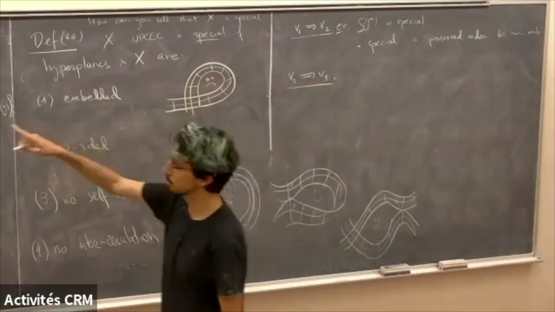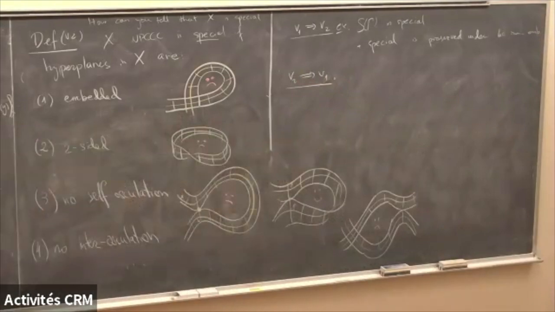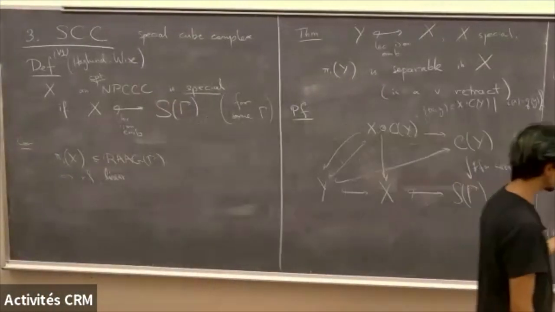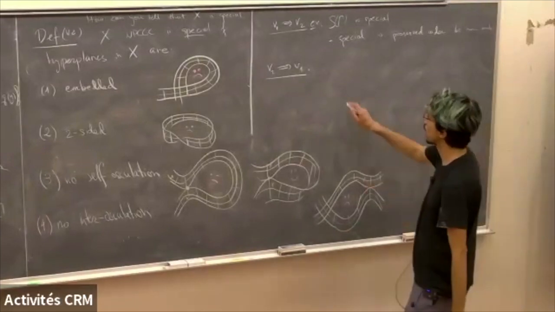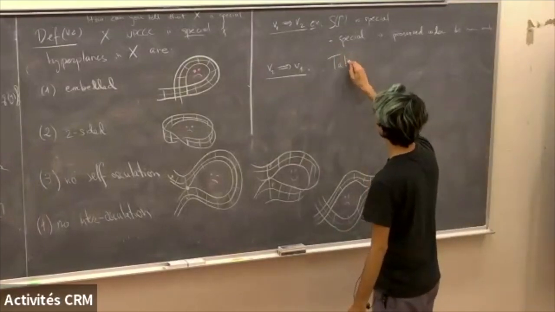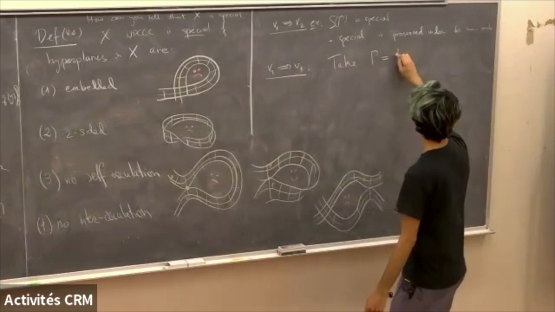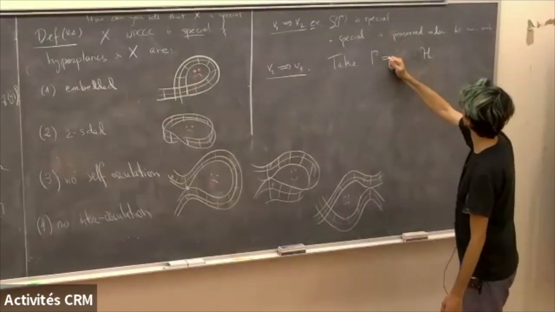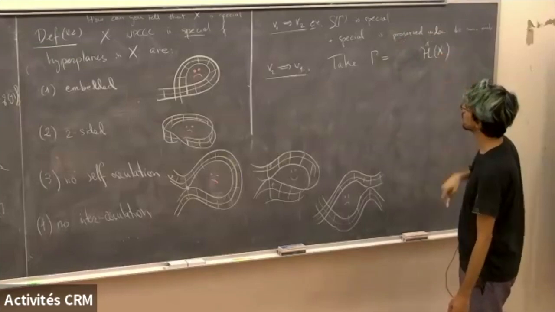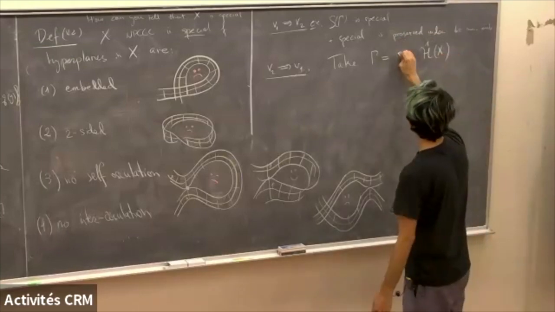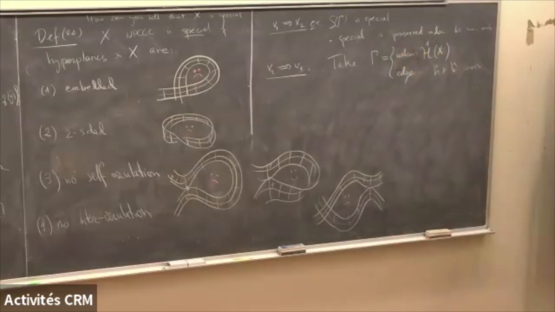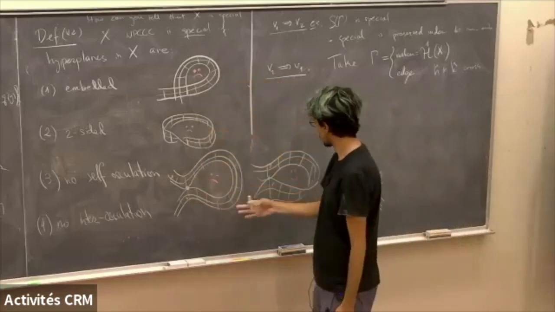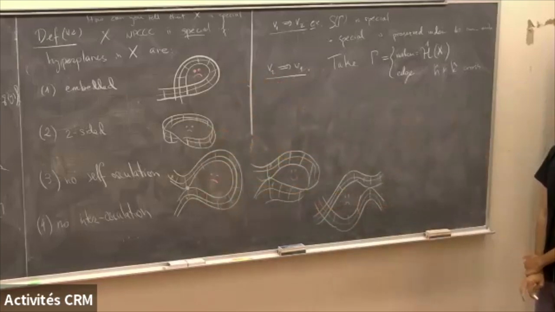Going from this to that, there's this mystery graph gamma that we have to find, and a natural way of describing gamma is to take gamma to be the collection of hyperplanes of X, and you put an edge to each pair of hyperplanes that cross.